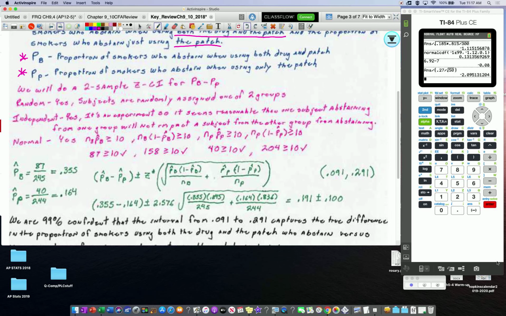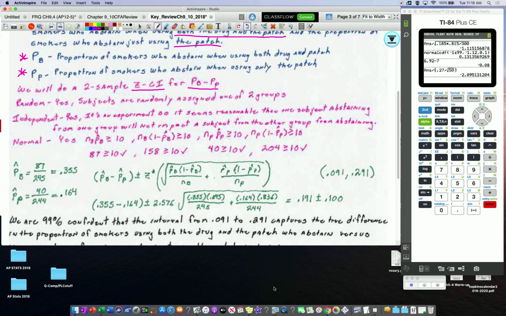The plan will say we're going to do a 2-sample Z confidence interval for the difference of the proportion. Okay. So we're doing a confidence interval, no level of significance needed. So is it done randomly? Yes, subjects were randomly assigned to one of the 2 groups. Sweet. Was it independent? Yes, it's an experiment. Okay. Ooh, I did this out of order.